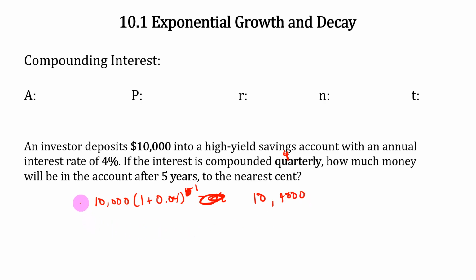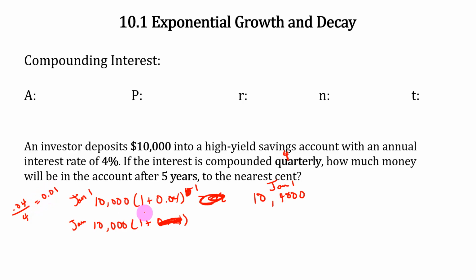Now what's going to happen is it compounds quarterly. So this would be like January 1 of one year to January 1 of the next year. If it compounds quarterly, you put it in on January 1st, and you take the interest rate and divide it by the number of times it's going to compound.